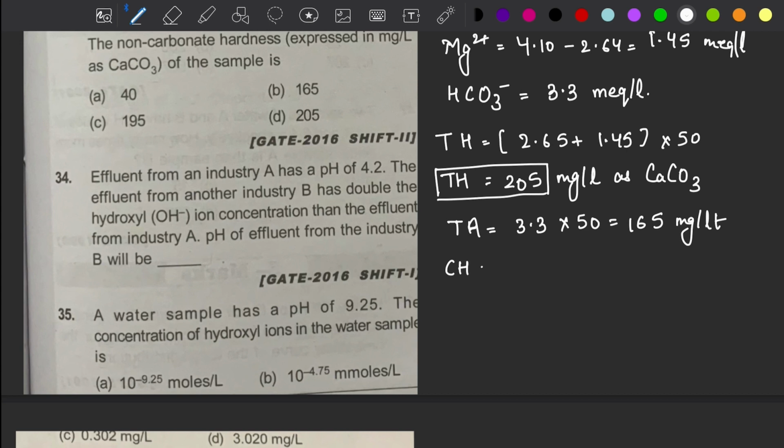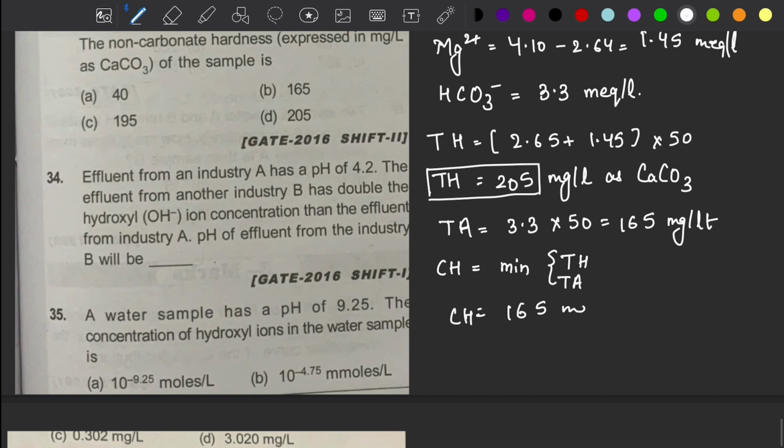Carbonate hardness will be the minimum of total hardness or total alkalinity, so carbonate hardness is 165 milligram per liter. Now non-carbonate hardness is simple: total hardness 205 minus carbonate hardness 165 equals 40 milligram per liter as CaCO3. So the correct option is option A.